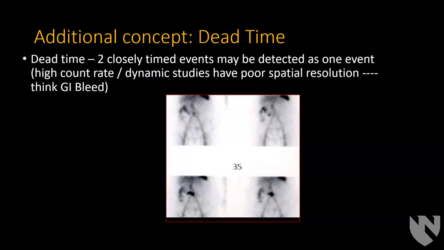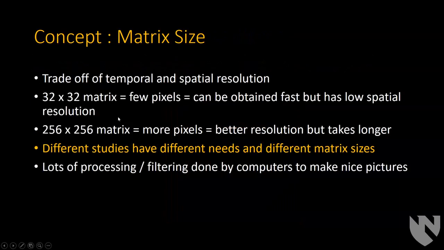So if you have two photons hit the detector in quick succession, you may not be able to detect them both, or the machine might detect it as one high energy event rather than two lower energy events. That's especially important when you use a high dose, and so you have a high count rate, or when you're doing dynamic studies that have poor spatial resolution, like GI bleed.